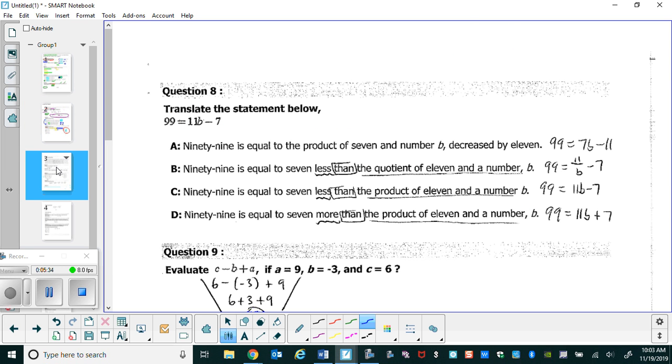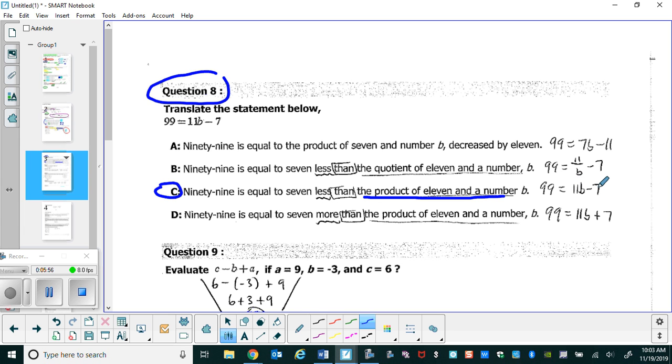All right, we're moving right along. Now we are on question 8. So we're going to be translating this guy, and it's 99 equals, and then it's 11b minus 7. So I'm not sure if you picked A, B, C, or D for this one. The one that we want to pick is answer choice C. We have a than. So the product of 11 and a number B comes first.